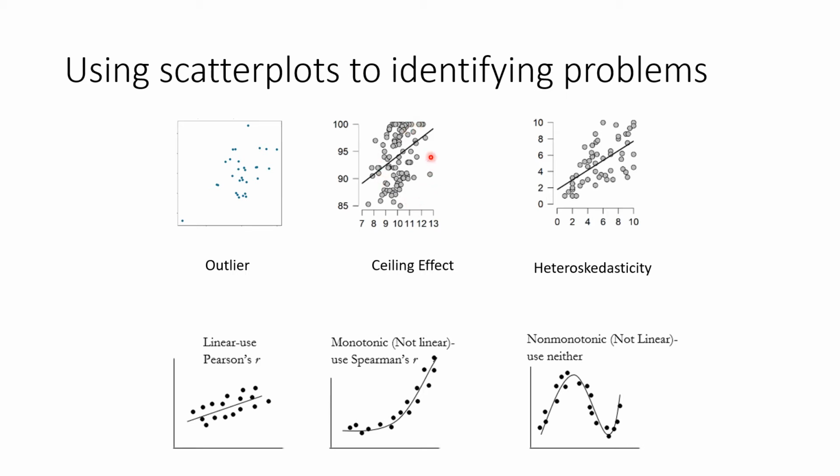So again, if you see something like this, you should consider that the correlation might be a little bit compressed. It might be smaller than it really is in the population.